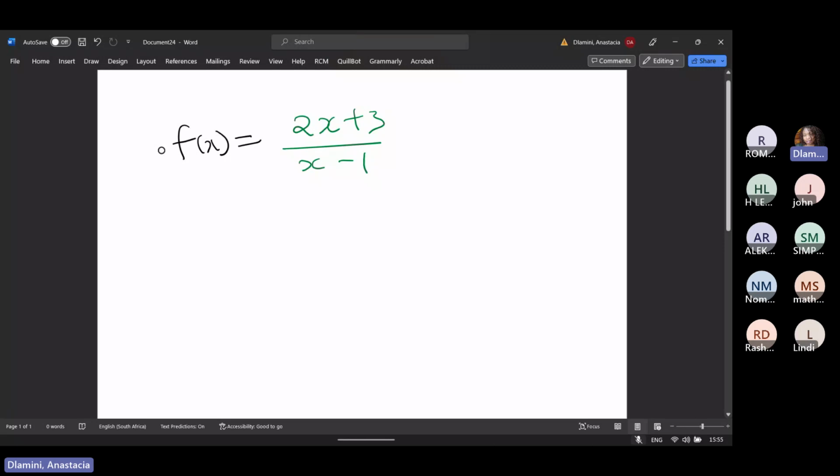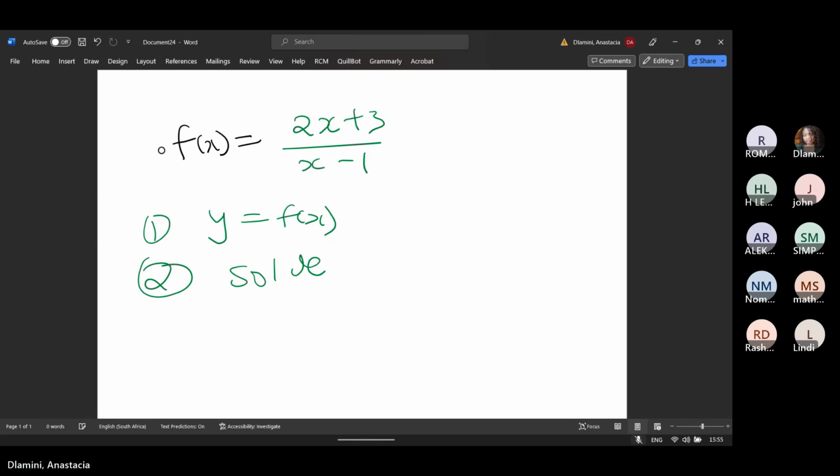The first step: you write your function as y equals to something, f of x. The second step: you solve for x in terms of y.